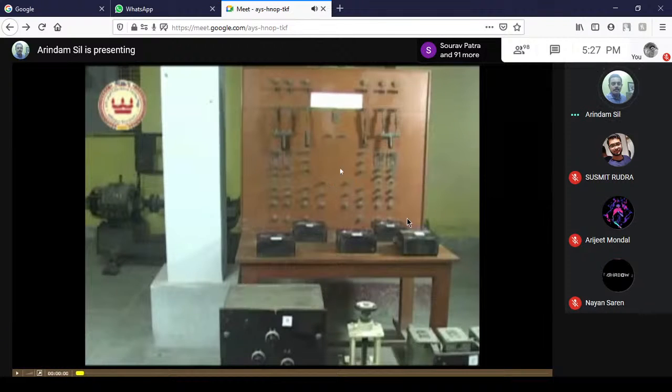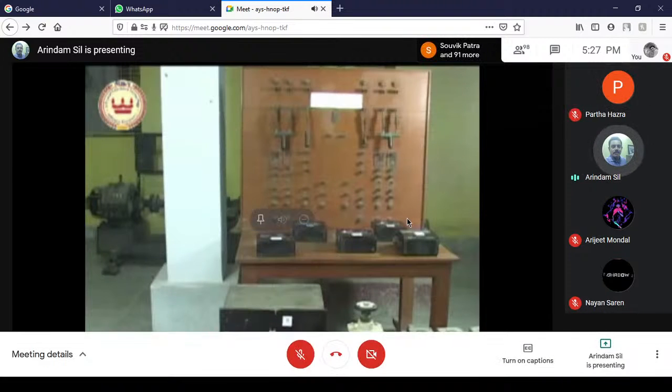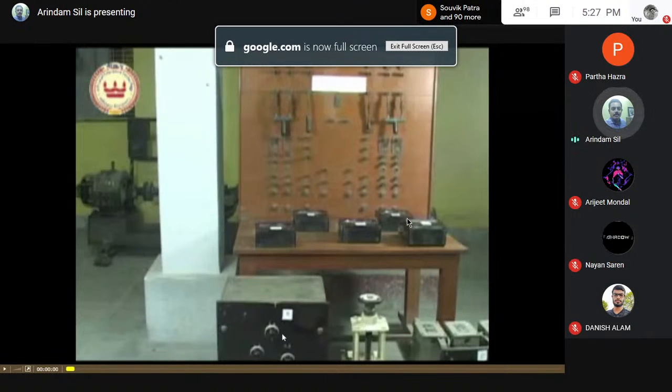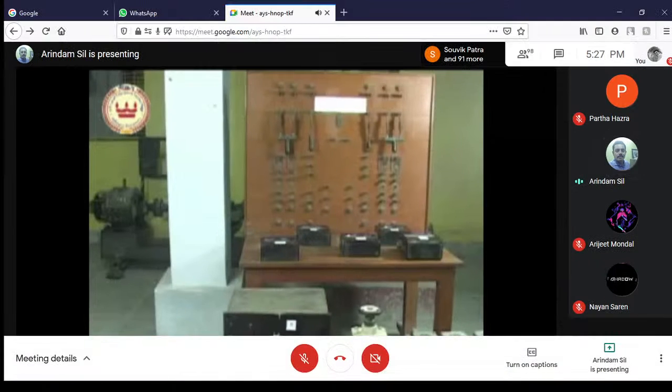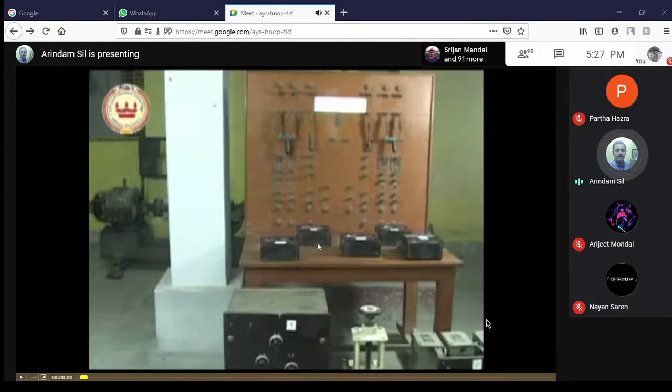Can you see this? In that is the load box, physical load box, physical inductor, and physical capacitor. And these are the ammeter and voltmeter. 4 voltmeters and 1 ammeter. The series part, right?